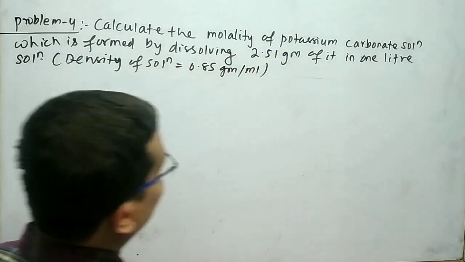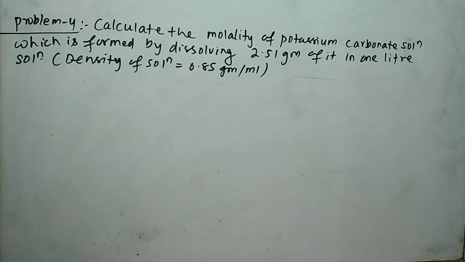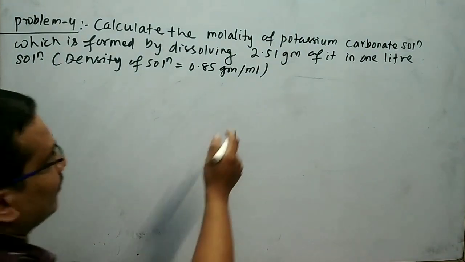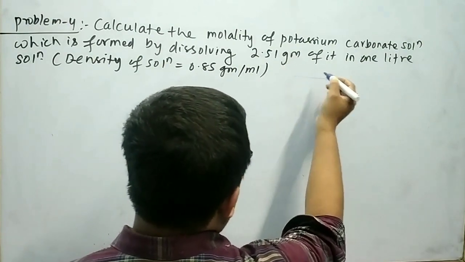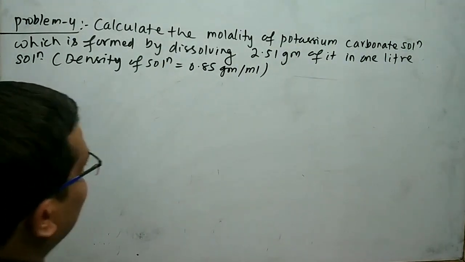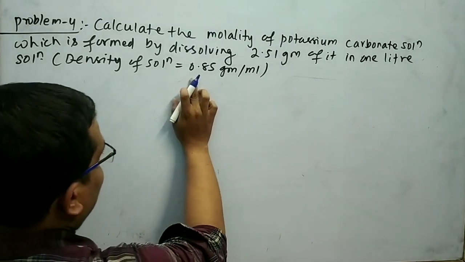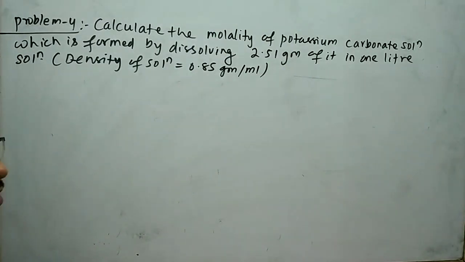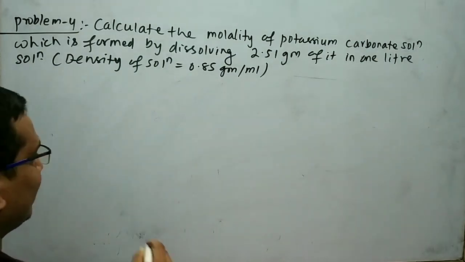Calculate the molarity of potassium carbonate solution which is formed by dissolving 2.51 gram of it in 1 liter of solution. Density of the solution is 0.85 gram per ml. Our aim is to find out the molarity.